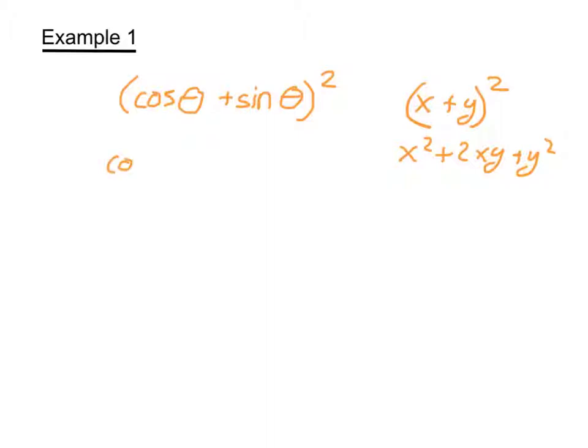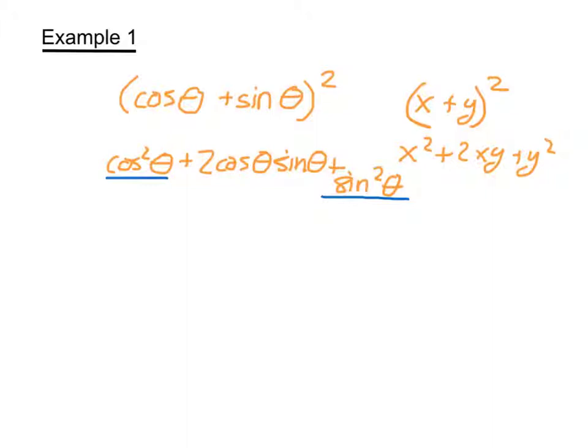Here I'm going to get cosine squared theta plus 2 cosine theta sine theta plus sine squared theta. But notice what happens here. I have a cosine squared theta and I have a plus sine squared theta. Does that look familiar? Hopefully it should by now. Cosine squared theta plus sine squared theta equals 1. So this simplifies to 1 plus 2 cosine theta sine theta.